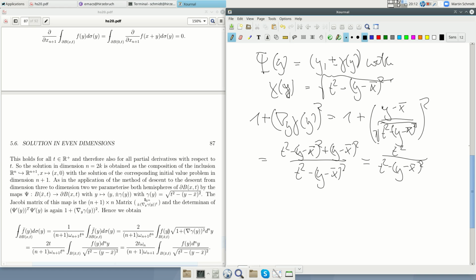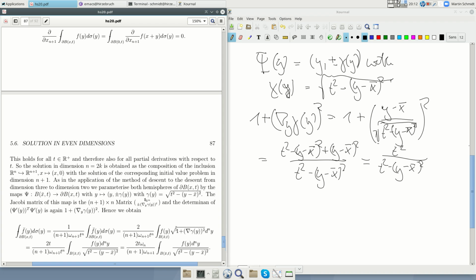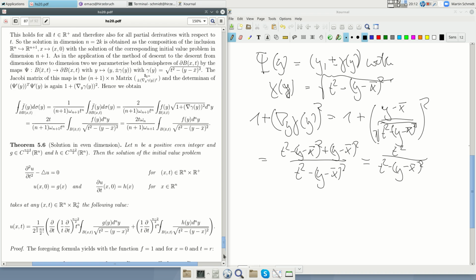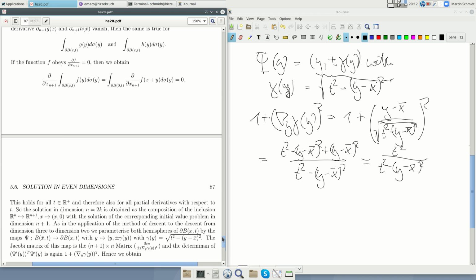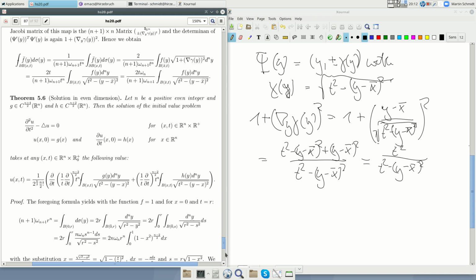If we take the square root, we get an extra t. So we obtain this formula.